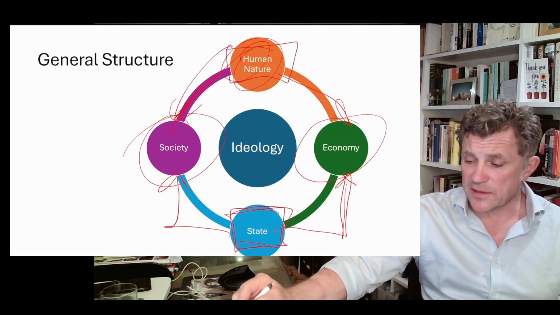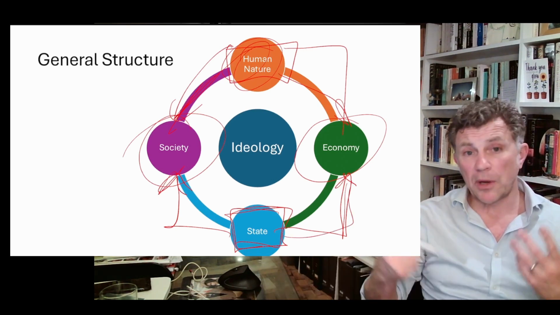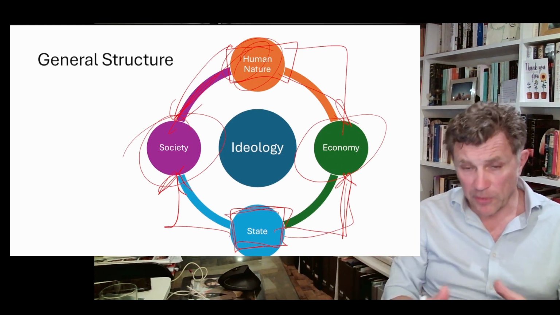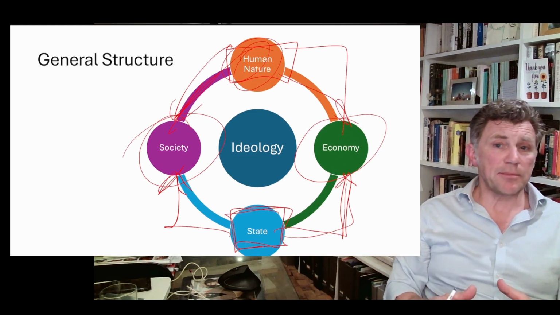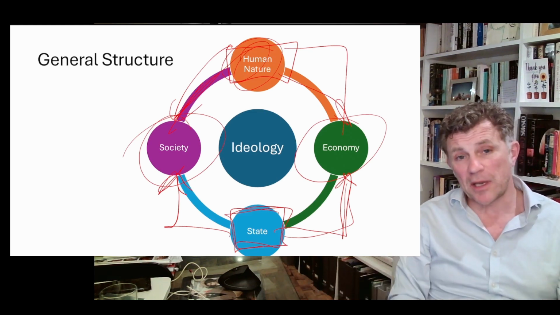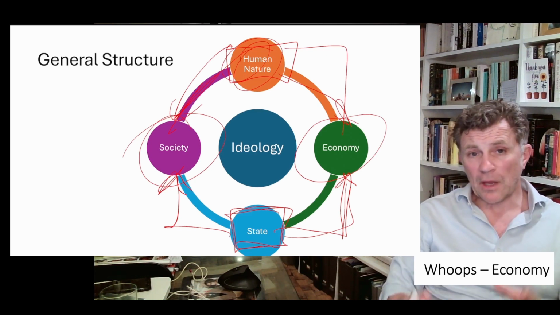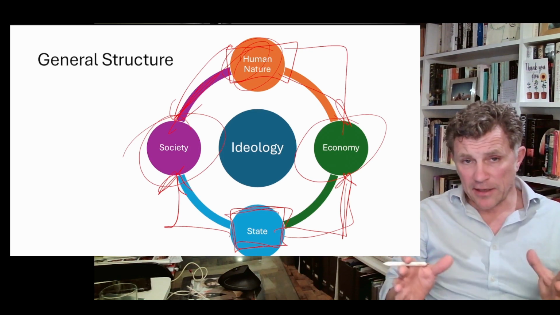Human nature defines society and the economy, and then the role of the state will be determined by what you actually expect from your society and your economy. And that is the same whatever ideology you're looking at, because the state's role will always be managing society and managing the economy. So that's in terms of getting your head around any ideology.